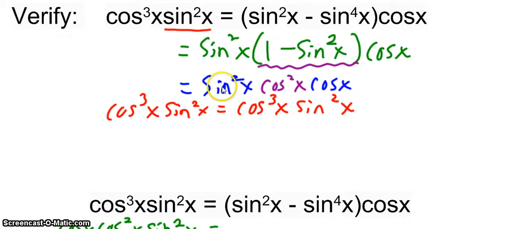So this sine squared of x just comes down here. This 1 minus sine squared of x becomes cosine squared of x, and I still have this cosine of x here. Cosine squared times cosine is cosine cubed of x, and then I have my sine squared of x. I just rewrote it in a different order so that it matches what I had on the left-hand side, but that's my answer.